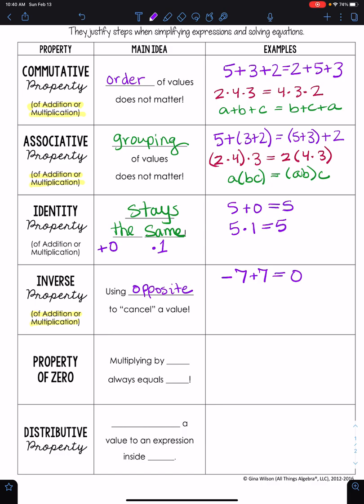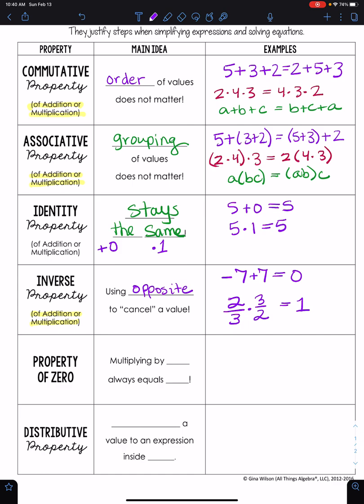With multiplication, to multiply by something and get rid of it, let's say I had a fraction like 2/3. If I wanted to get a 1, this is how we cancel values in algebra when we do equations. We're going to multiply by its reciprocal. That's how you can get a fraction to be 1. There's other examples too.